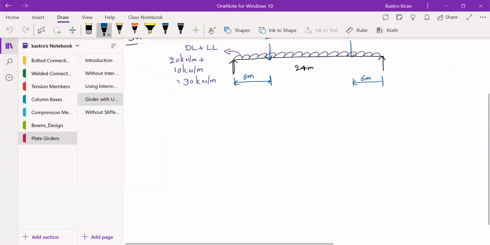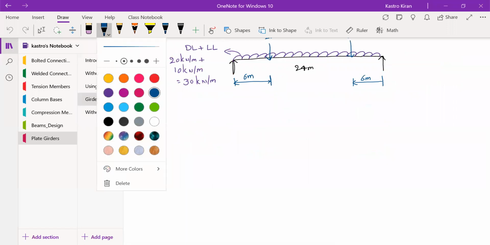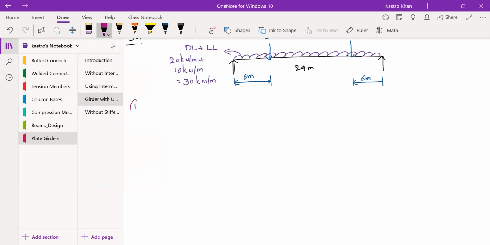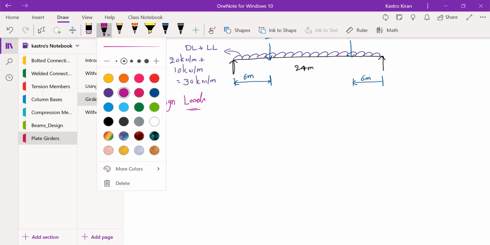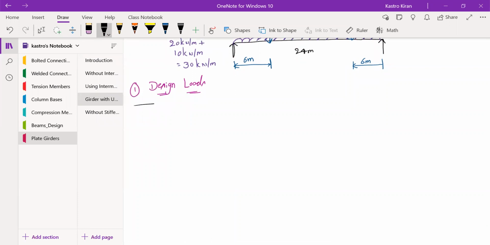Fine. So the first step is, you can keep the heading as design loads. So we need to find the factored loads, which is what ultimately the design loads are. Now let's find the total factored load on the girder.